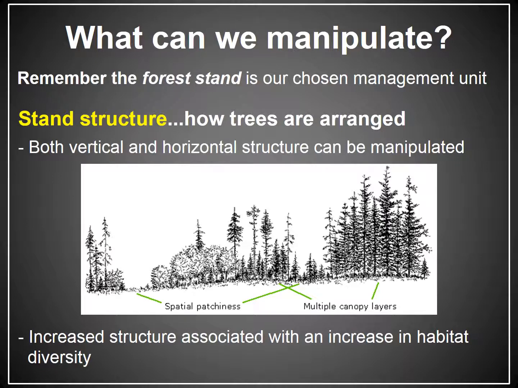In addition to species composition, we may alter stand structure as well, or how the trees are arranged within the stand. The term horizontal structure refers to the spatial patchiness of a stand. Think about walking through a forest where all the trees are similar in age, and there are no significant gaps in the canopy or patches of younger forest as you're walking through. A forest like that has little horizontal structure.